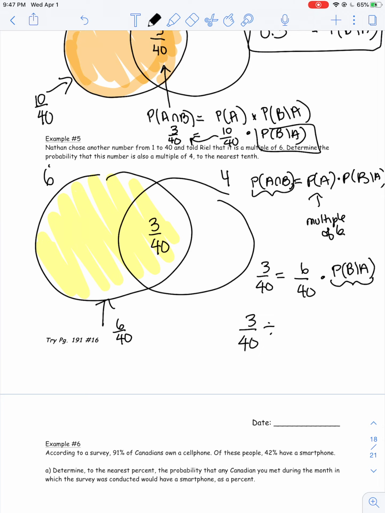You're going to take 3 out of 40 and divide it by 6 over 40. If you put that in your calculators, don't forget to put brackets around these. And once you do that, you should get 0.5. So that's your final answer.